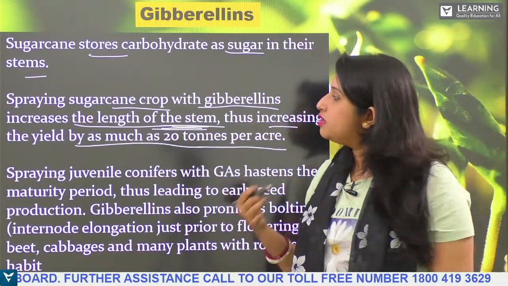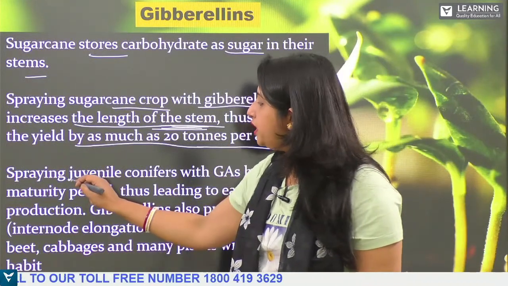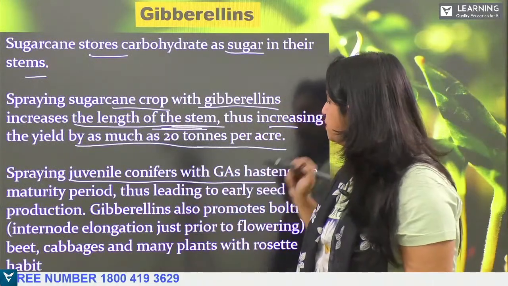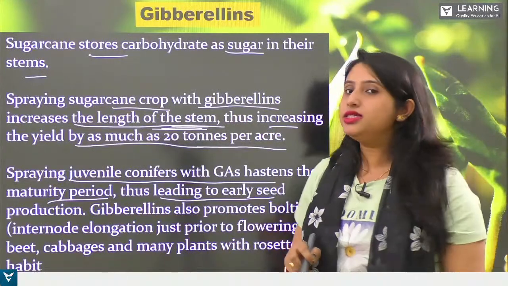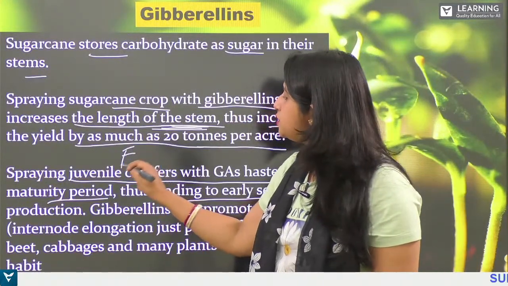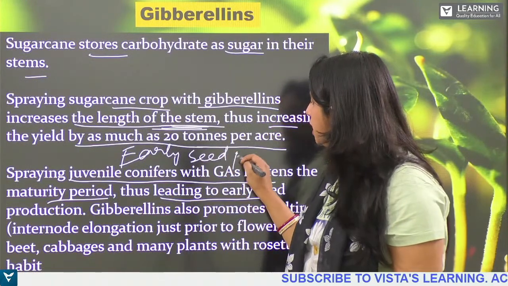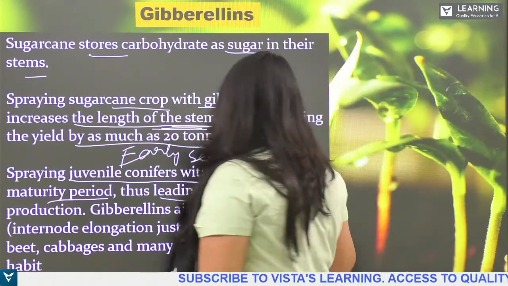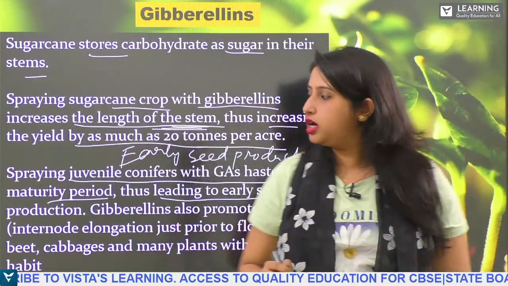So it increases the productivity. Spraying juvenile conifers with gibberellin hastens the maturity period, thus leading to early seed production.